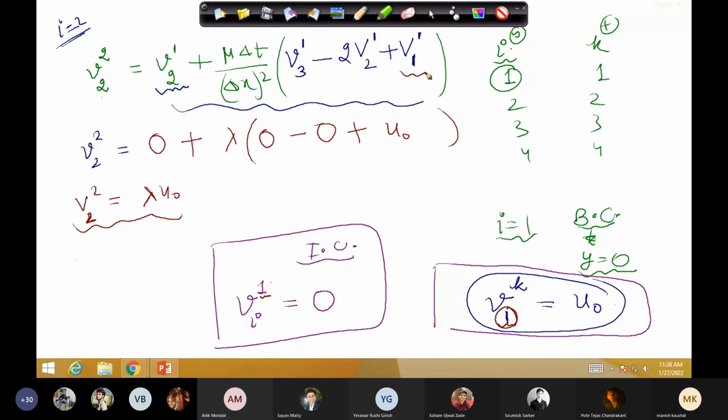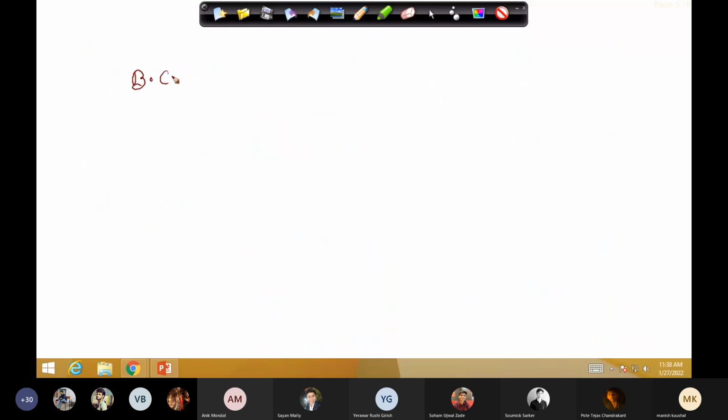Good. Anyone who has this doubt, listen carefully, because you will always get confused if you don't take care. See, boundary is different. Initial condition is for the whole domain except boundary. So when you say initial condition, I think your doubt is clear, but still let me make it clear for the whole class.